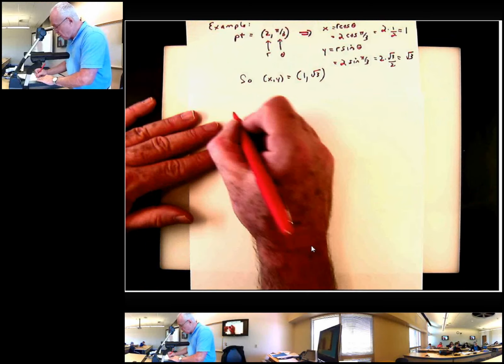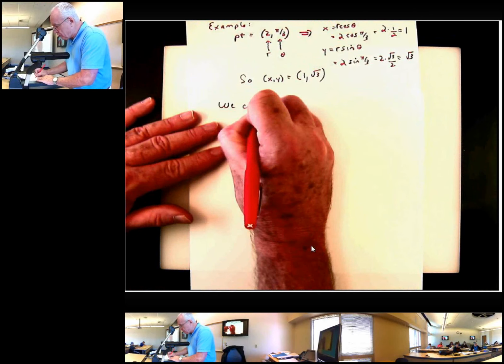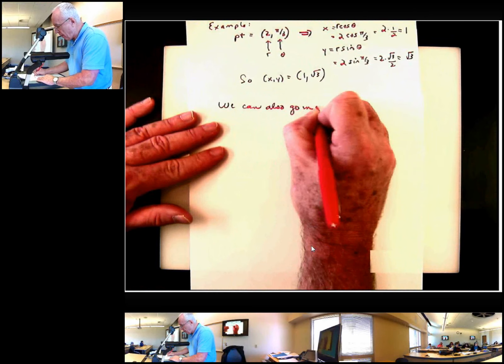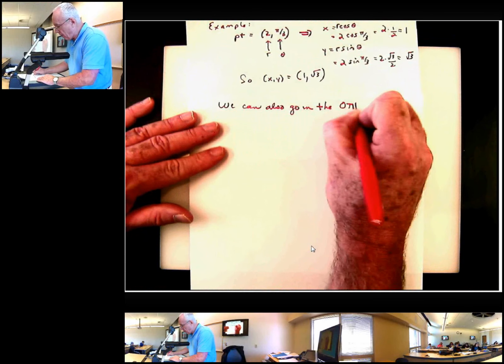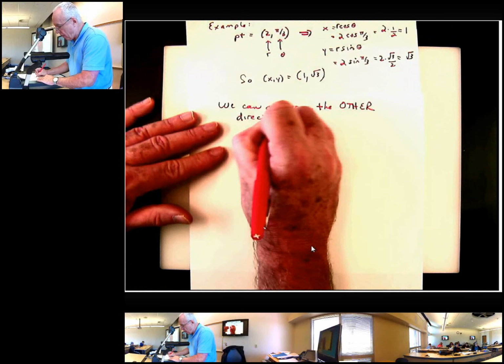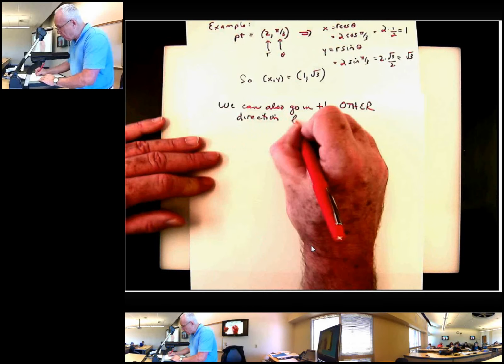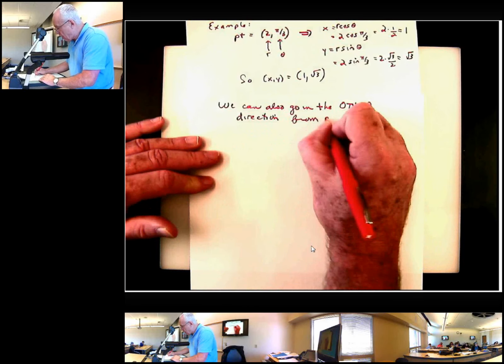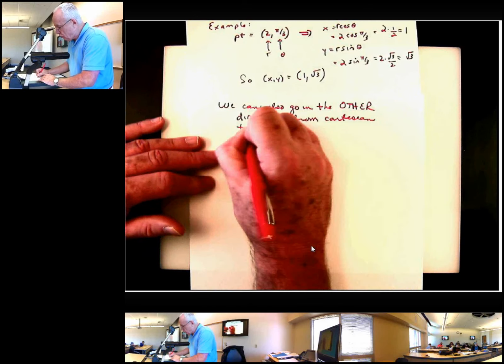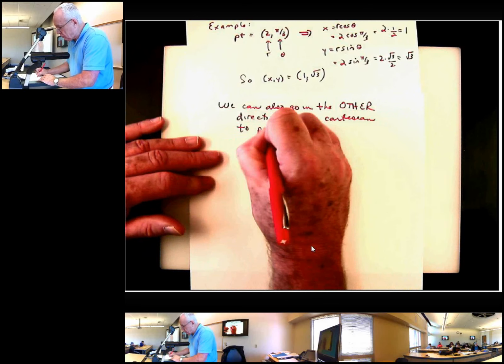So let's do that. So we can also go in the other direction, from Cartesian coordinates to the polar coordinates.